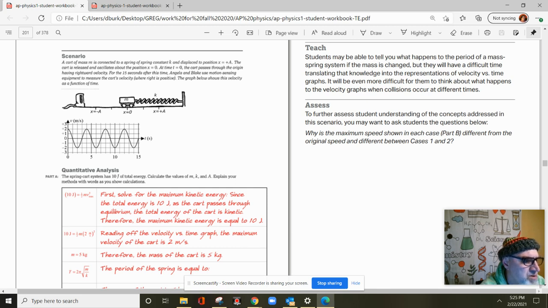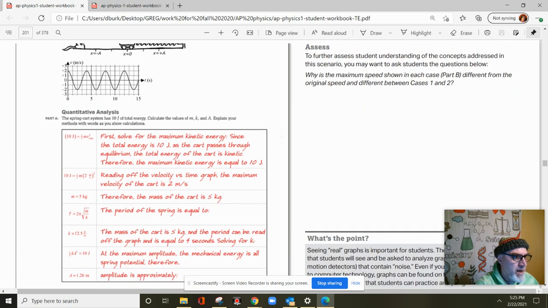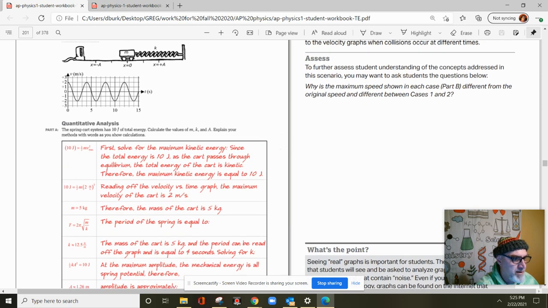Oh, there it is. It's a velocity graph. So they're using the velocity graph to get the maximum velocity, which is 2 meters per second. I thought that was a position graph, and I'm like, oh, that's hard. Okay, no, it's not. Velocity comes right off the graph. So you can plug 10 equals 1/2 mv squared and solve for m. It's 5 kilograms.